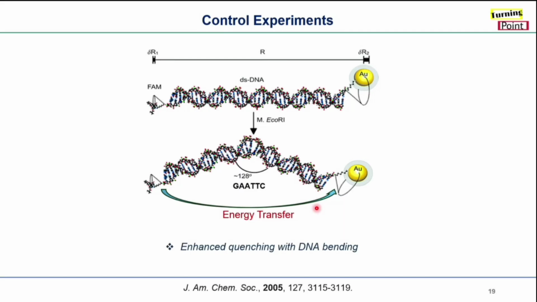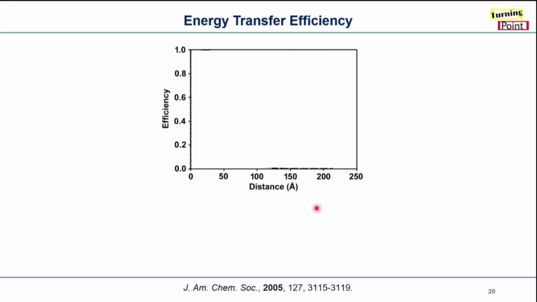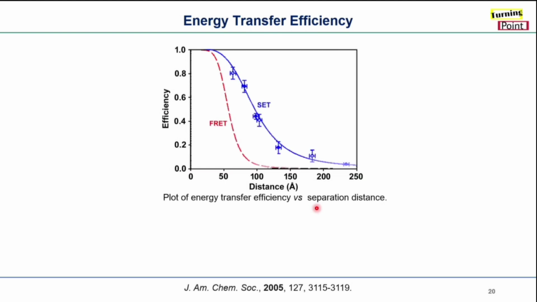Now let us see how the energy transfer efficiency varies with distance. Here we can see the plot of energy transfer efficiency against separation distance. The red dashed line indicates resonance energy transfer, and it represents a very sharp drop due to its 1 over R^6 distance dependency.